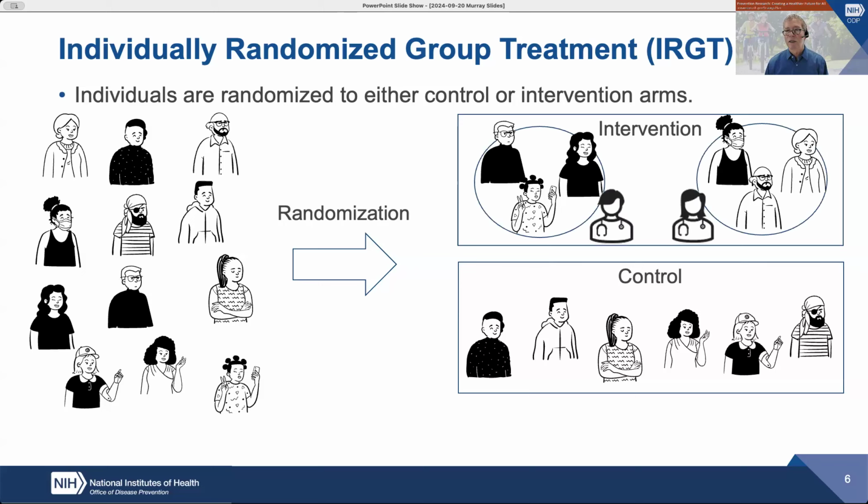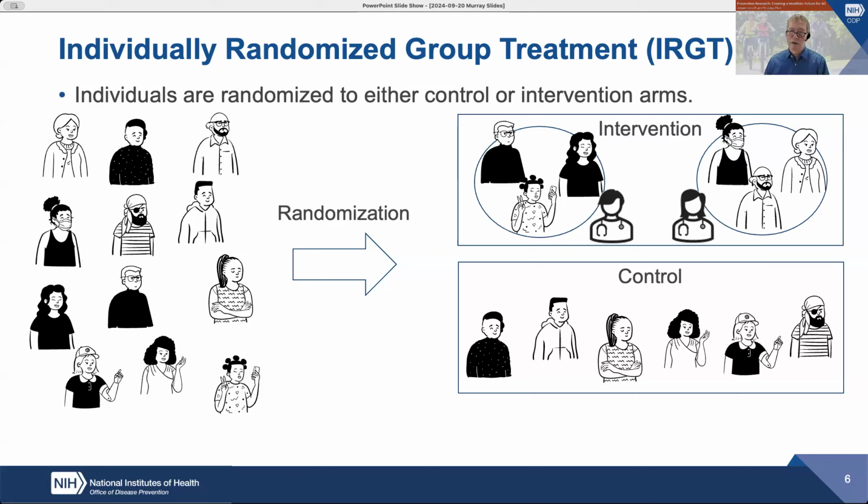The difference is, at this point, participants in at least the intervention arm will receive at least some of their intervention in a group, often a small group, or from a shared intervention agent, here depicted as a healthcare provider. So the 3 on the left are interacting with a particular healthcare provider.